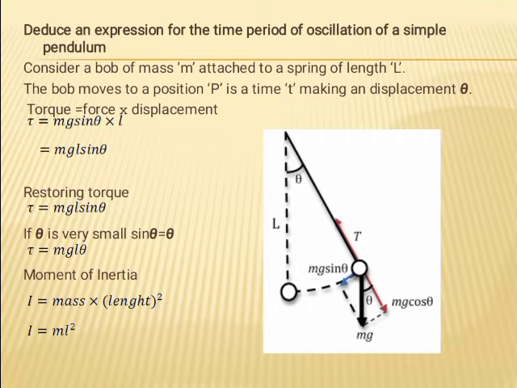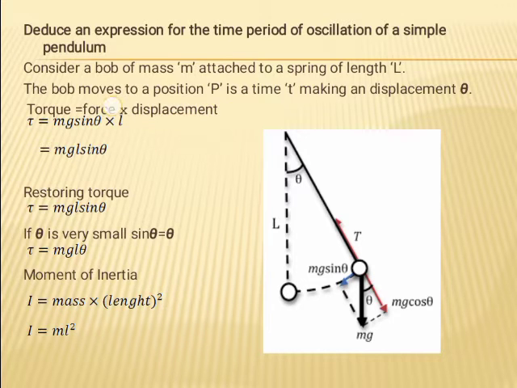It is responsible for moving the body in a rotatory path. It is denoted by tau, and you can see the symbol here, which is equal to force into displacement.